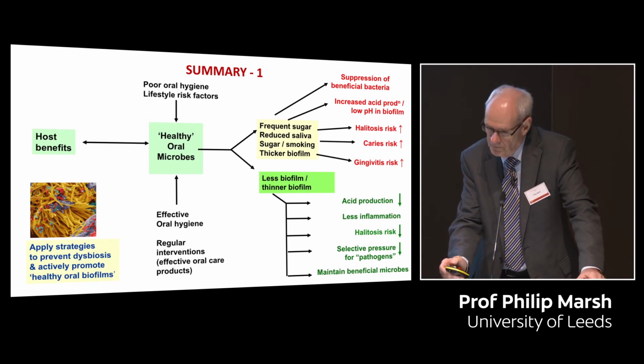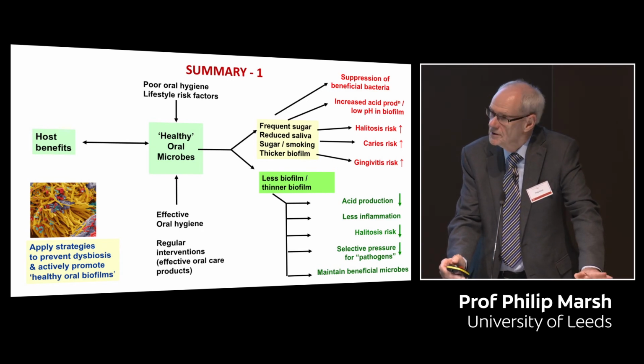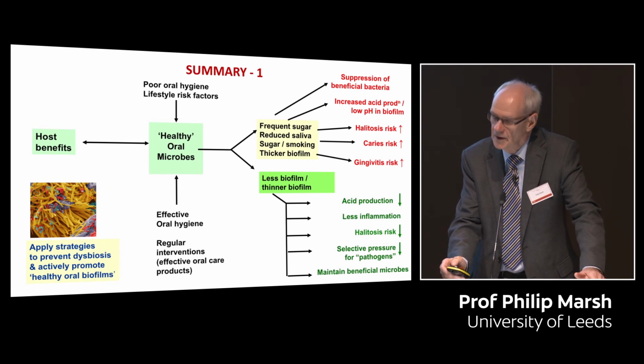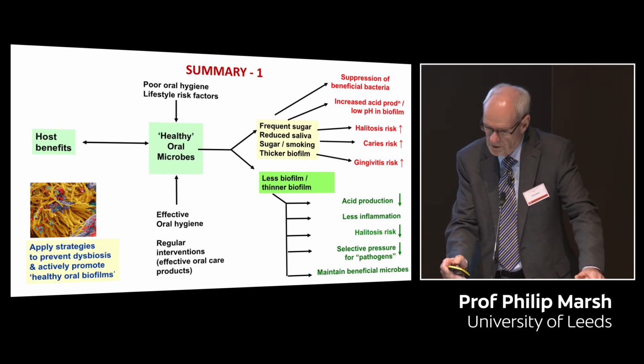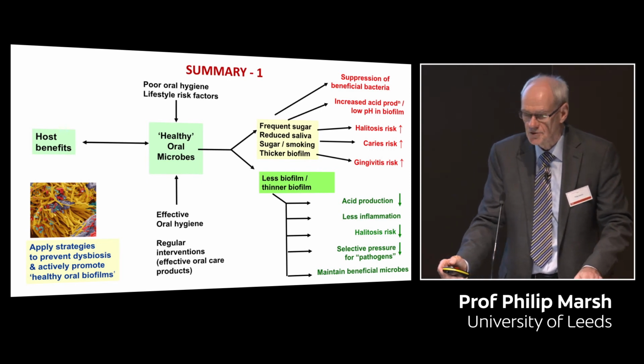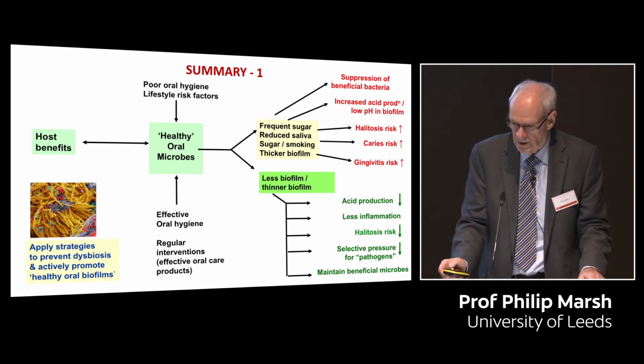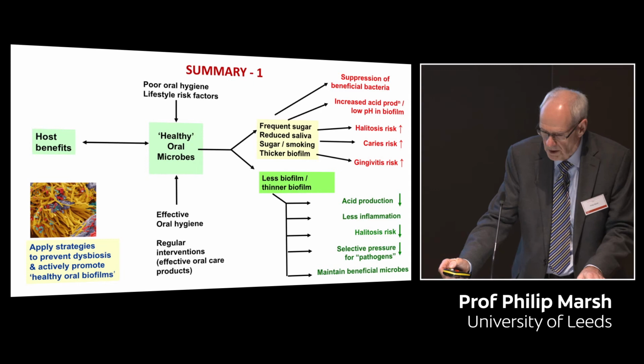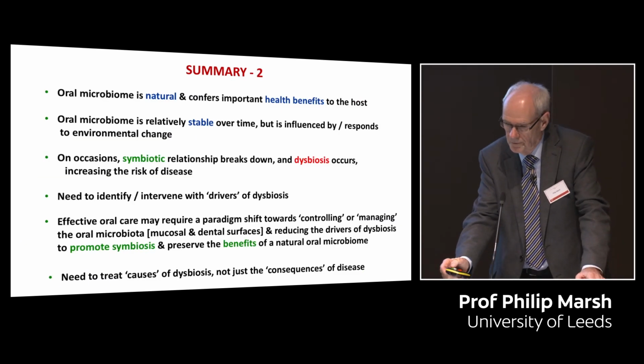We would get less inflammation, reduce the risks of halitosis, take away the benefits that the pathogens need in order to outcompete the beneficial organisms, and therefore should maintain the levels of these beneficial organisms. So we need to apply strategies that prevent dysbiosis but actually promote a healthy oral microbiome.